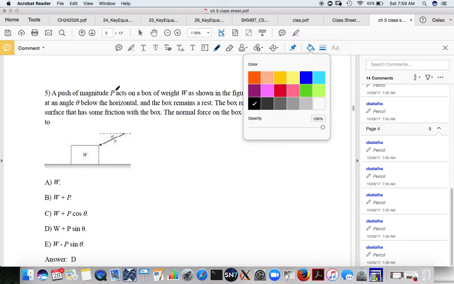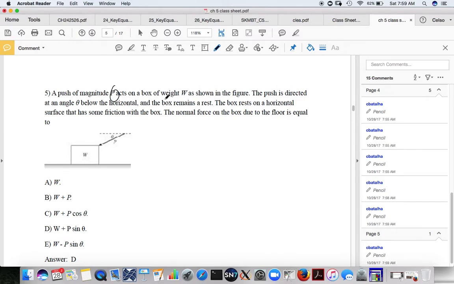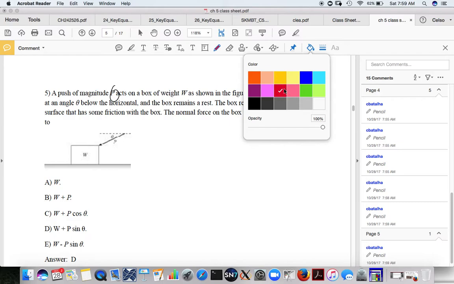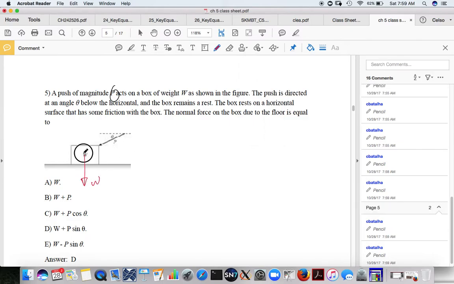A push of magnitude P acts on a box of weight W. Let me write the free body diagram quickly. So we have a weight, we have a normal force, Fn, which is exerted by the floor on the crate, and we have this downward P. See, I'm just taking this force P and outlining it here, so it's easy for me to see what's going on.